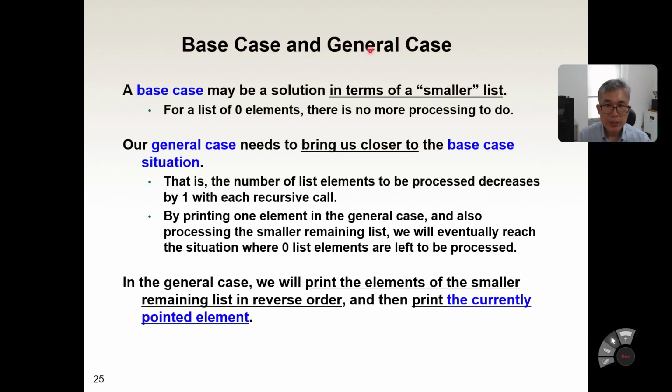So the base case and the general case: the base case may be a solution in terms of a smaller list, the list of size 0. There is no more processing to do. The general case brings us closer to the base solution, because the list shrinks toward the base case. The number of list elements to be processed decreases by 1 with each recursive call.